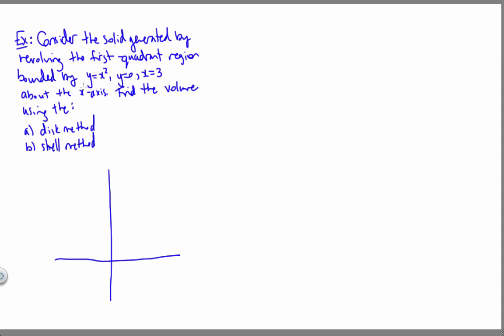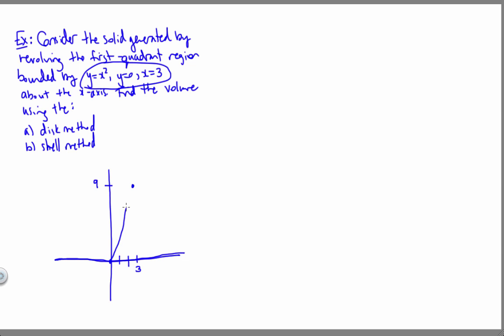So the curves that are going to be bounding our region, we've got y equals 0, which is our x-axis. We've got x equals 3, so I'll put that on the picture. And we've also got a parabola, and let's point out that when x is equal to 3, y is equal to 9. So I'm just going to label that here. So that point would be on our parabola, and that parabola would be passing through the origin.